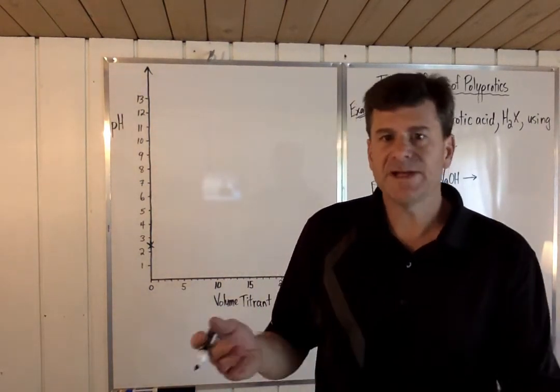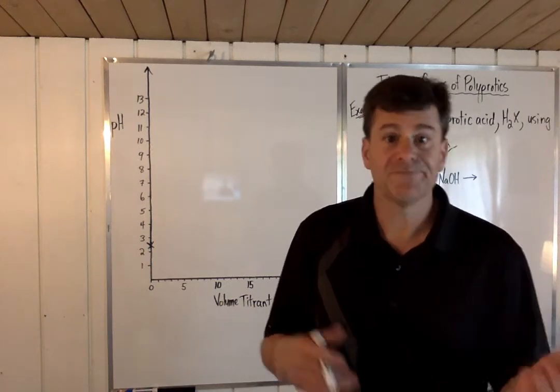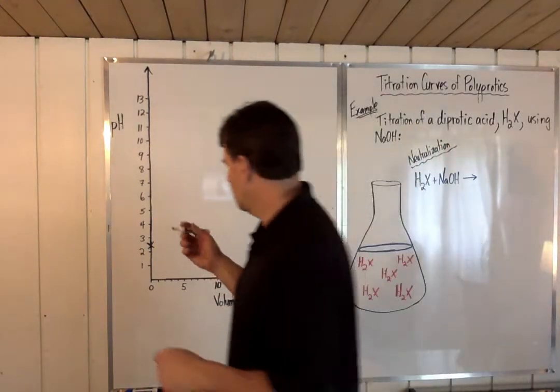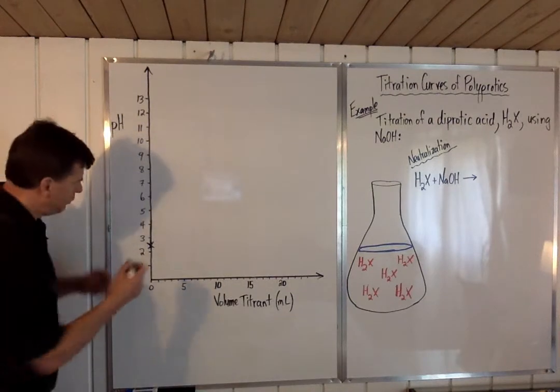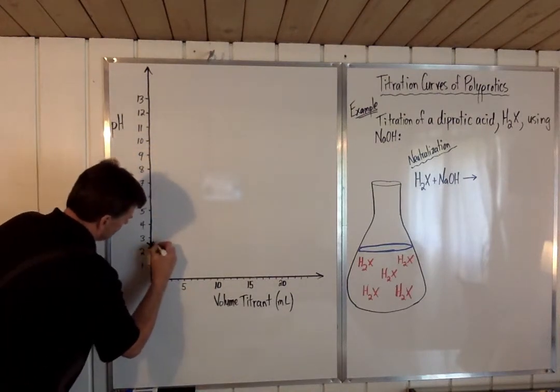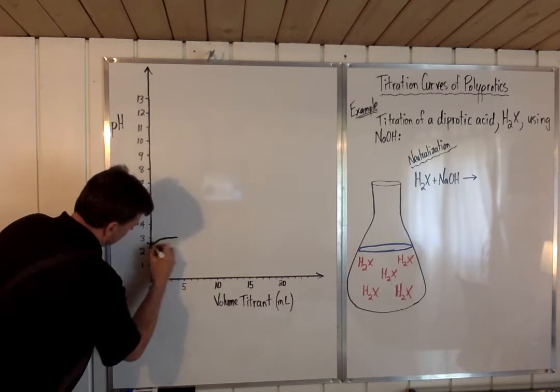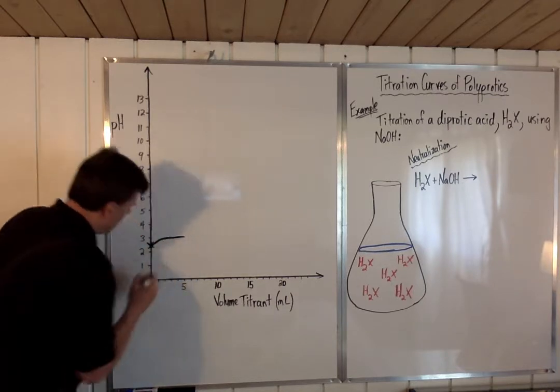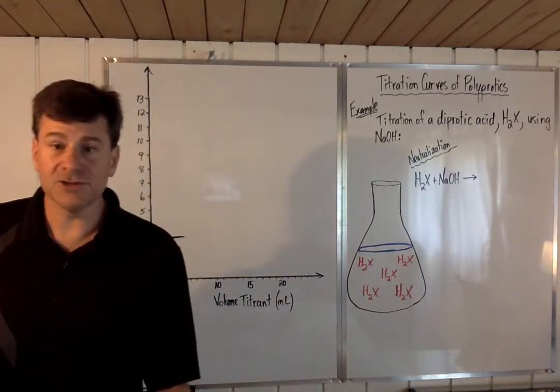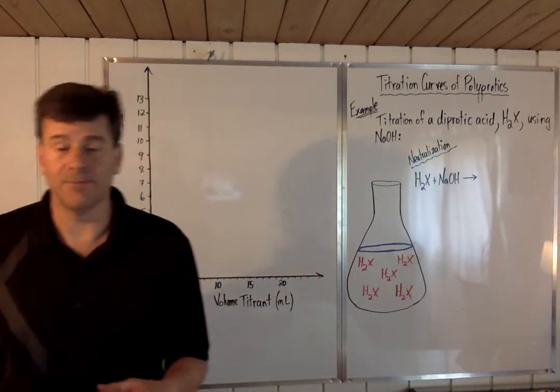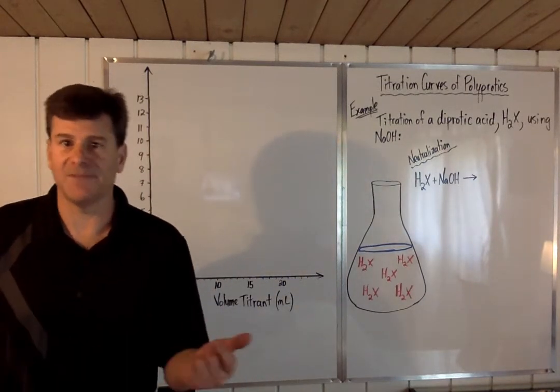So let's pretend whatever H2X is, is a weak acid. What that would mean is you would probably see a little rise right off the bat and then a plateauing effect as you start doing the titration. Okay, so leveling off. Still changing, still rising ever so slightly, but there's a buffering effect.